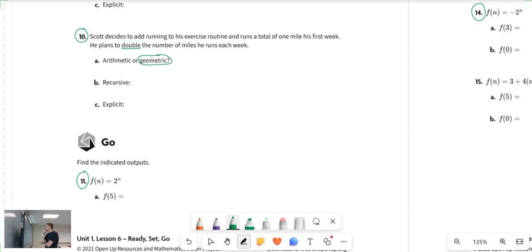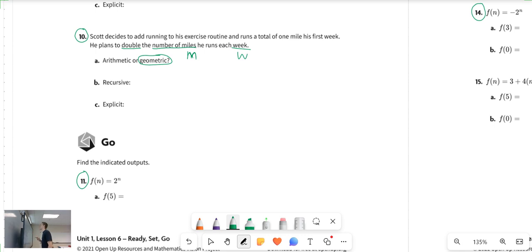And let's see, a recursive form would be, you know what, let's change it up. Let's not use F and N. Let's see, it's miles, right? He decides to add running, so the miles and weeks. Oh, okay, so that's fine. So let's use the number of miles, his output, which is going to be M, based on the number of weeks.